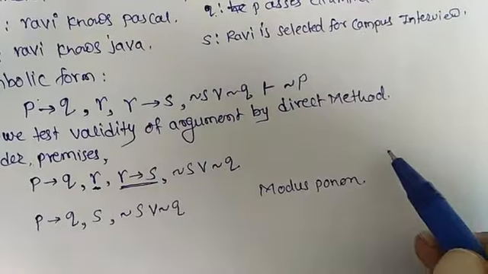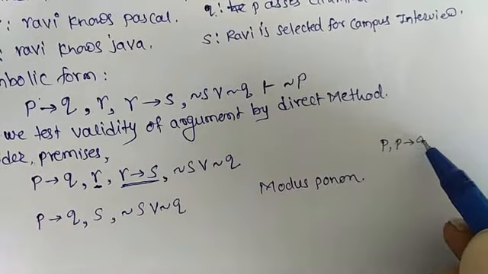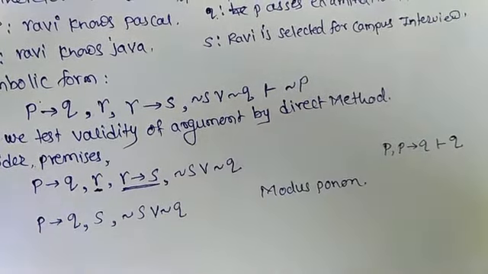You know that modus ponens is P, comma, P implies Q gives us the conclusion Q.